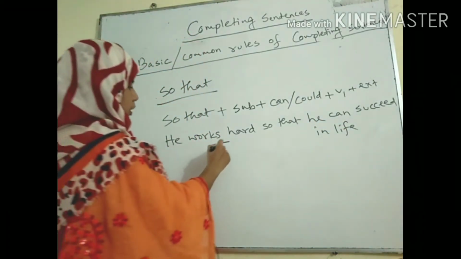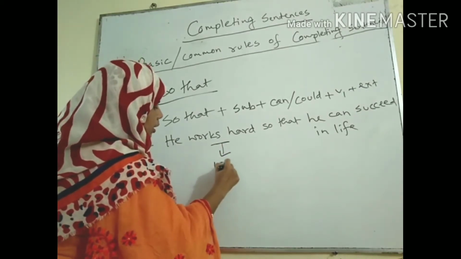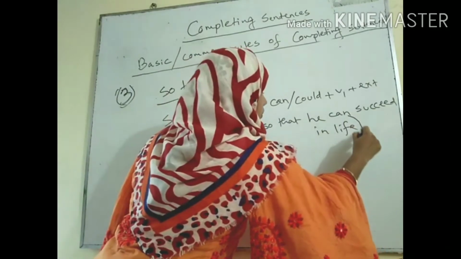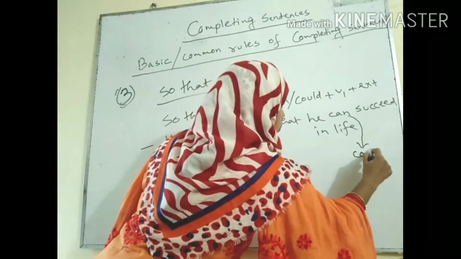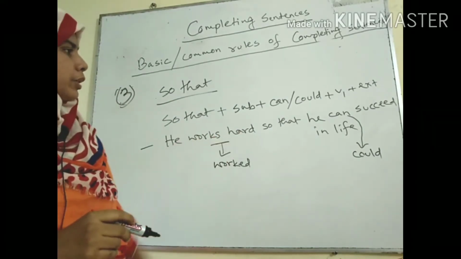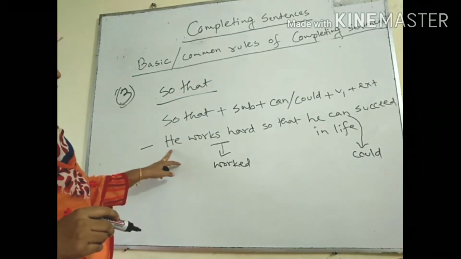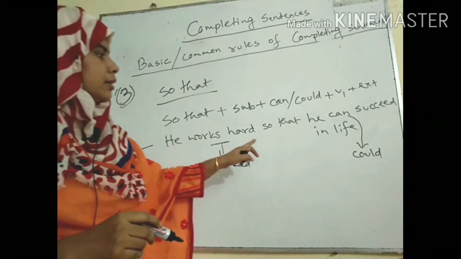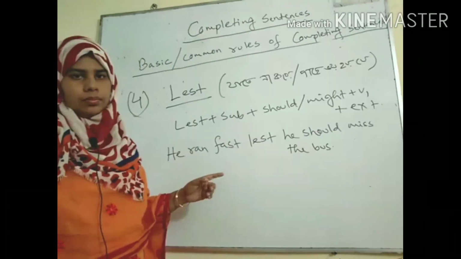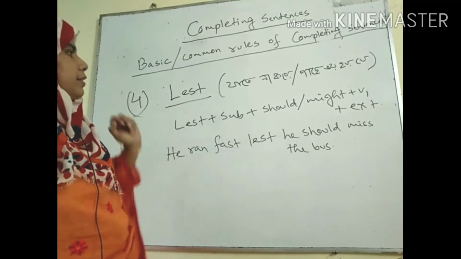But if we use past tense, worked, we have to use could. So he works hard so that he can succeed in life, or he worked hard so that he could succeed in life.